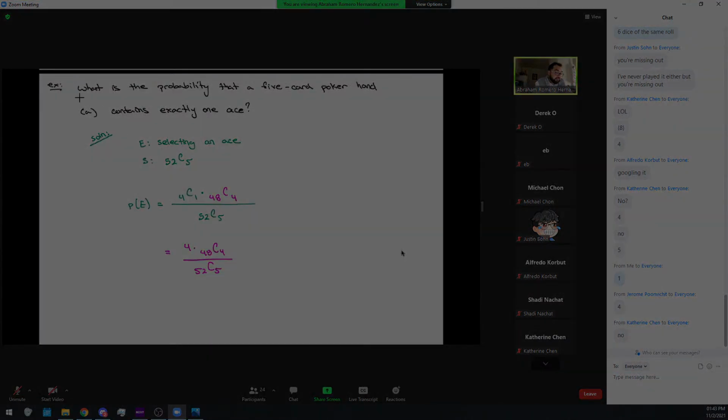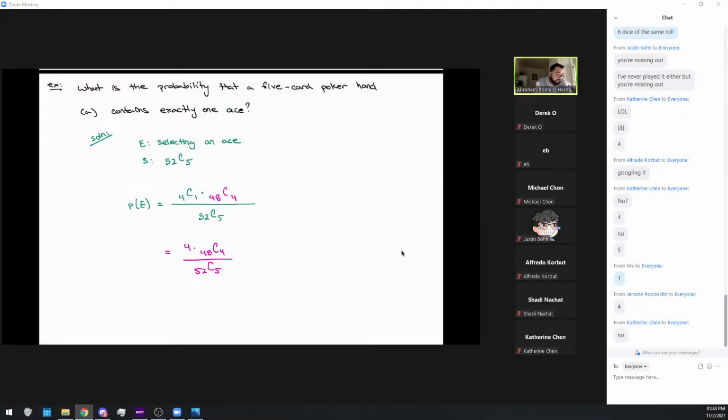Now, if you do this on your calculator, and I'm going to do it really quickly, it is approximately 0.3. So about 30%.